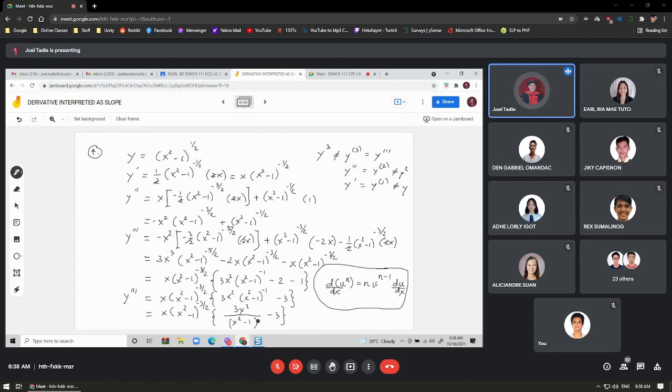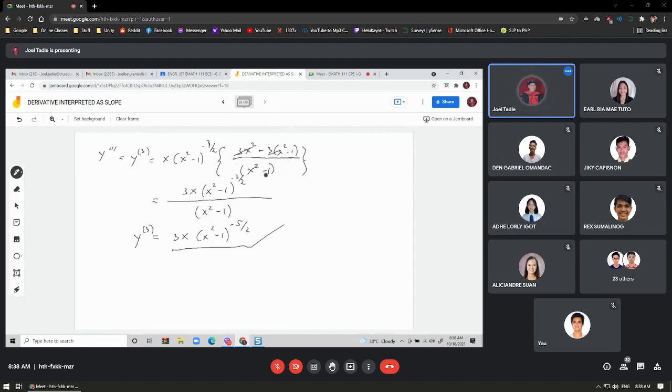When we bring it down, it becomes the denominator, so we can get the least common denominator between the two terms. The least common denominator is x squared minus 1. So we get the LCD.